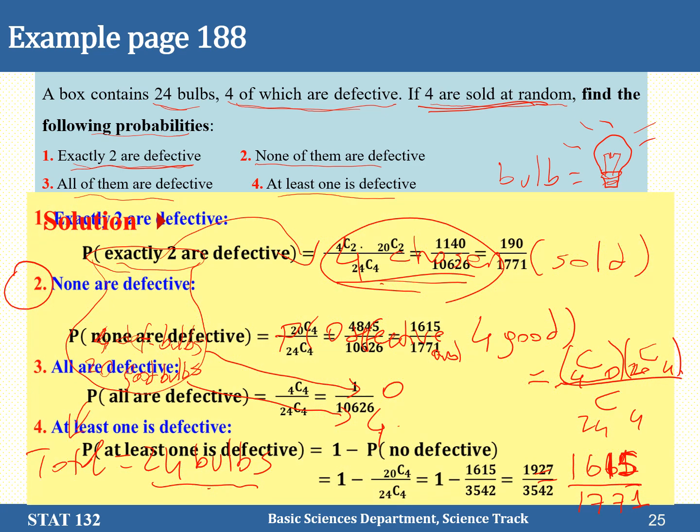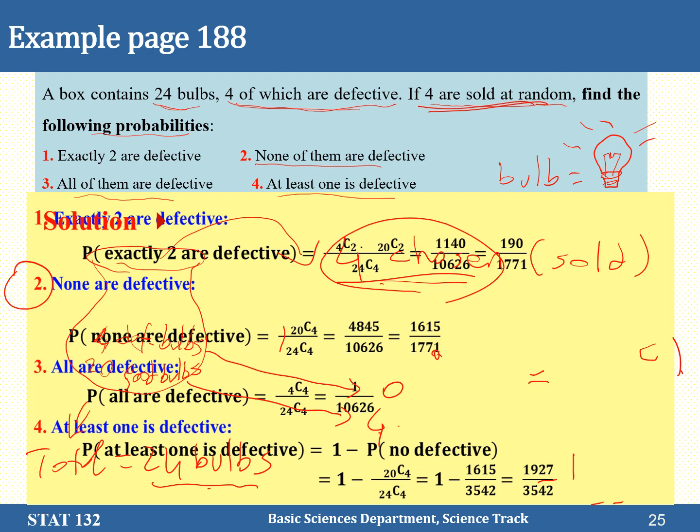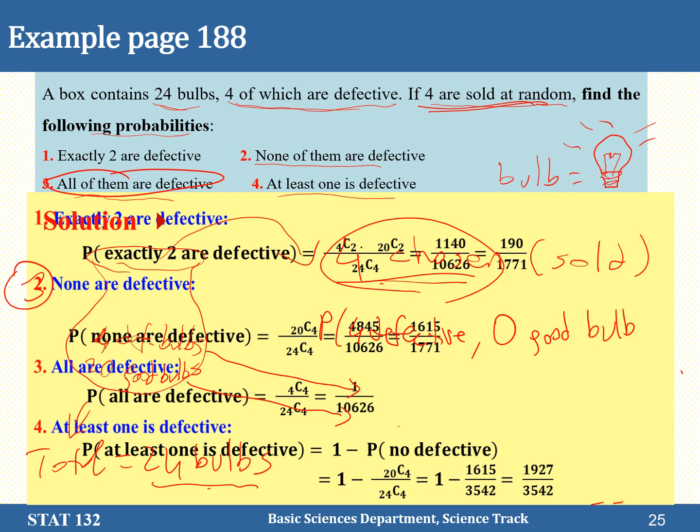Okay, now let's look at the third one. The third one is all of them are defective. Now 4 chosen, and all of them are defective. So all of them are defective means we are trying to find the probability for 4 defective and 0 good bulbs.